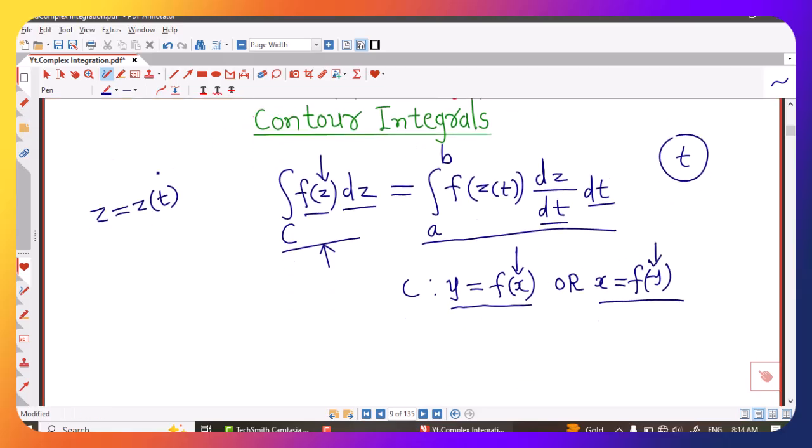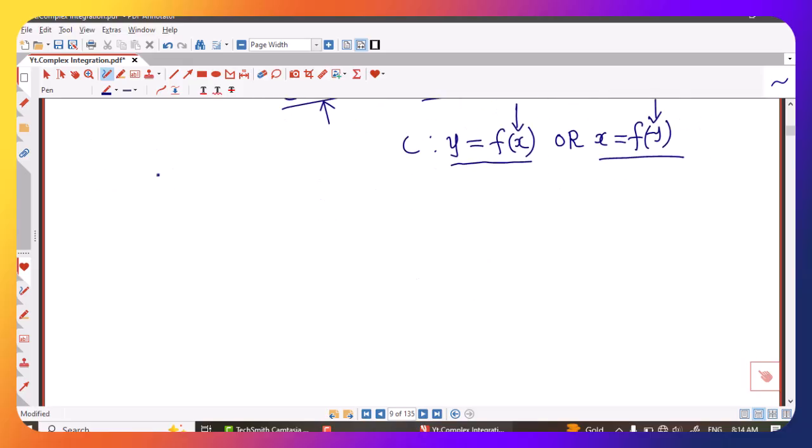One more thing we will discuss is, suppose we have some circle with center origin and radius r, then we know its equation in the xy plane is x square plus y square equal to r square.